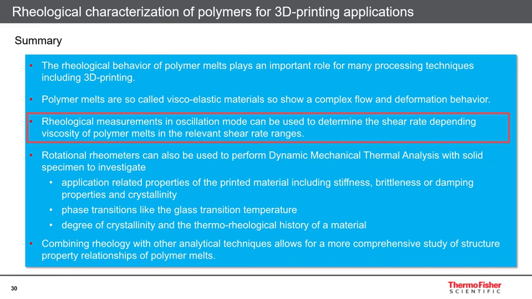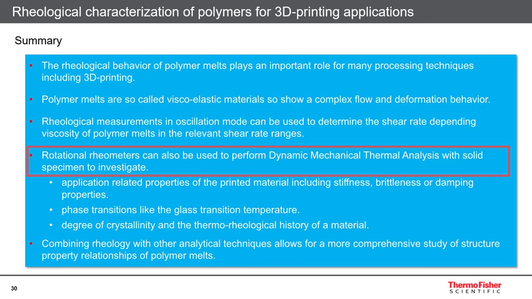Rheological measurements, especially those in oscillation mode, can be used to determine the shear rate dependent viscosity of polymer melts in all the shear rate ranges that are relevant for most technical applications. And besides the determination of viscosity, rotational rheometers can also be used to perform dynamic mechanical thermal analysis with solid specimens.